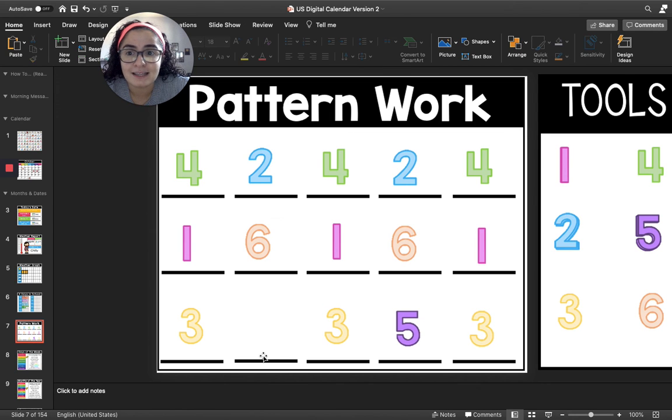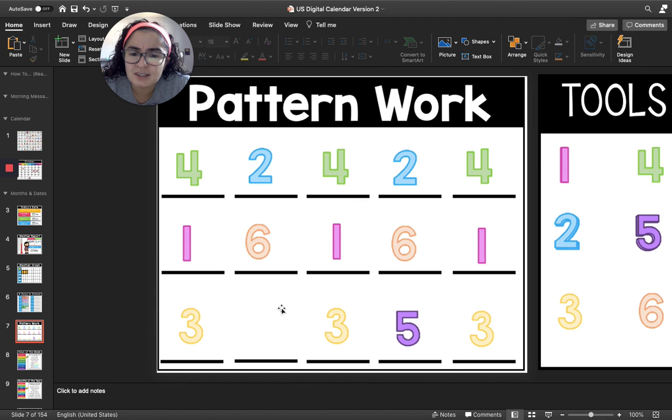Well, let's see. This blank is in between two number 3s. So I'm going to look in the pattern for somewhere that there's a number between two number 3s. Oh, I see a number 5 in between two number 3s.